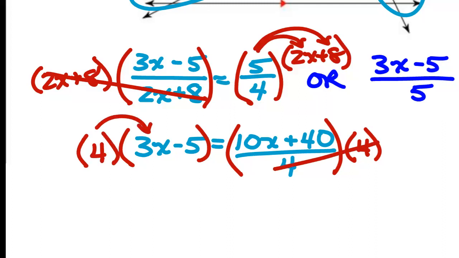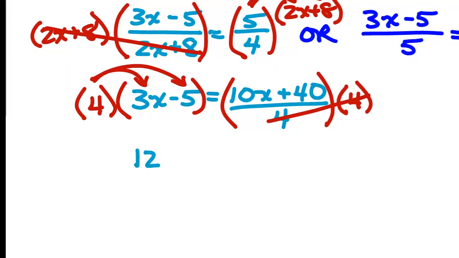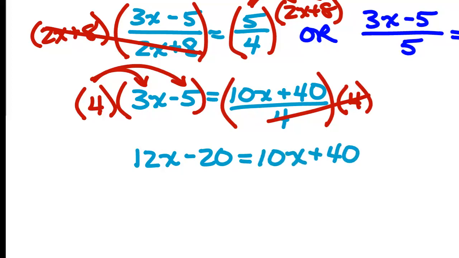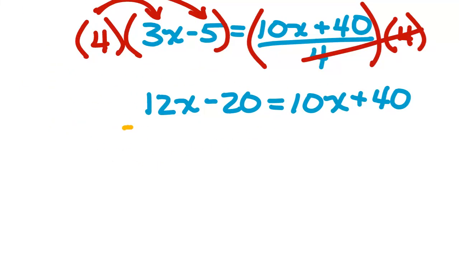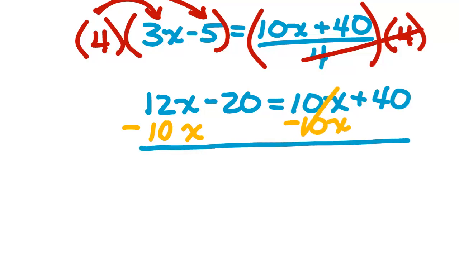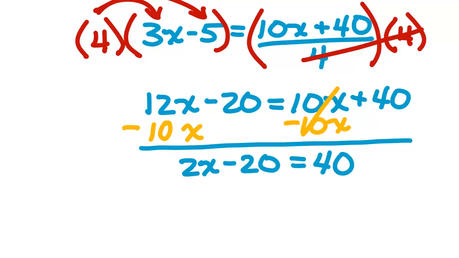That has to also distribute to my binomial. So 12x minus 20 equals 10x plus 40. Need to get my x's to the same side, so I would subtract 10x from both sides. That would give me 2x minus 20 equals 40.